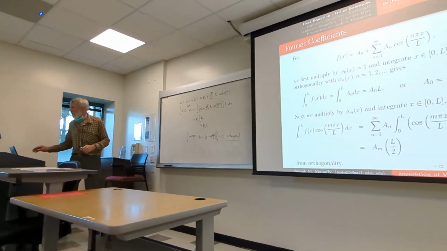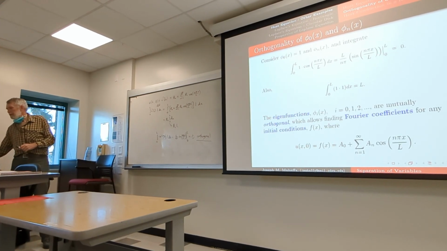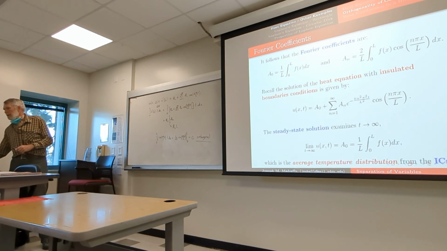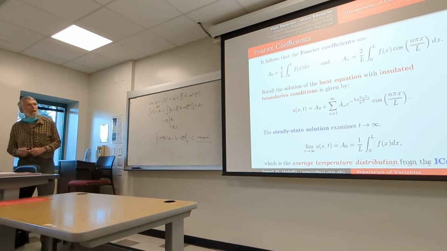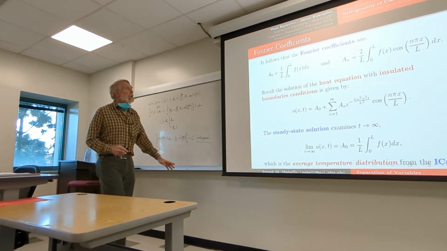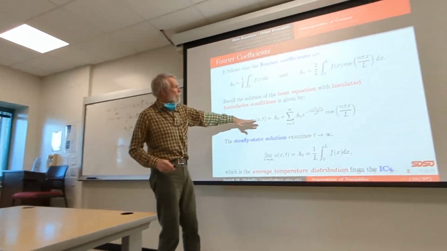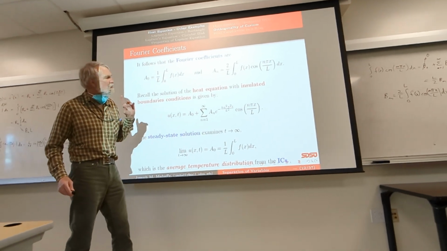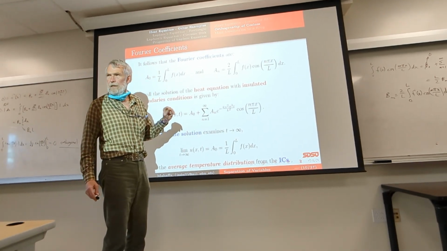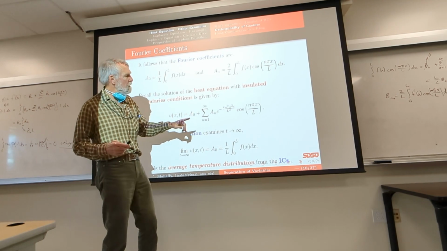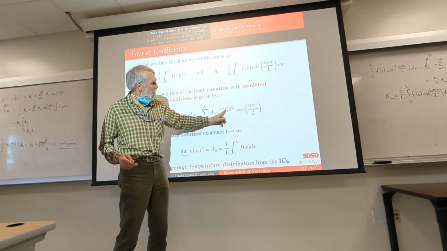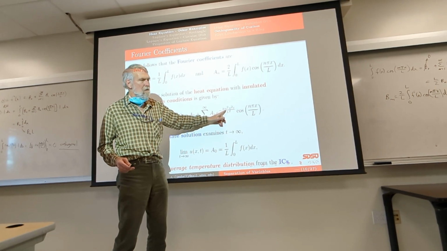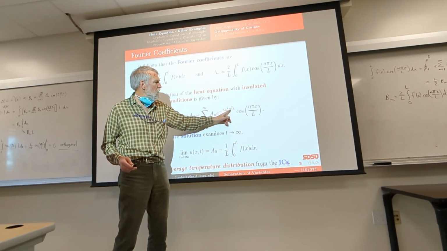So forth, orthogonality. And going to this particular solution here, we can see as t goes to infinity, look at this, as long as n is greater than 0, this is a positive coefficient here.